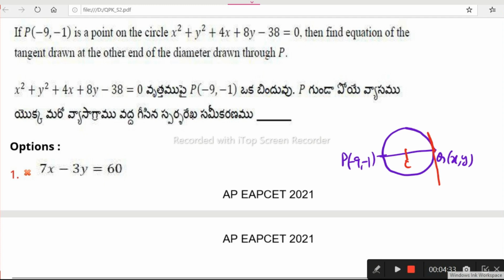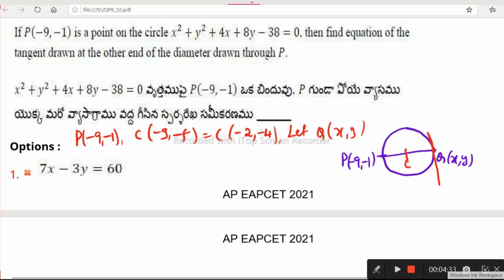Okay, clearly C is the midpoint of PQ. P is given as (-9, -1). C, the center of the circle, you know well according to the minus g, minus f formula, is (-2, -4), and the other end you can take as some Q(x, y). So clearly C is equal to the midpoint of PQ.